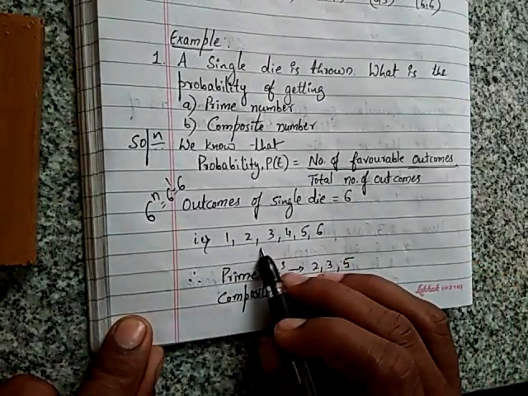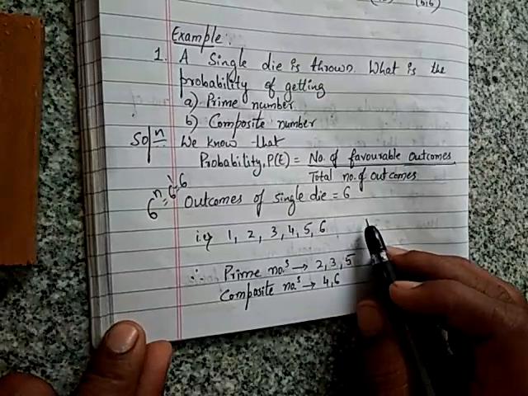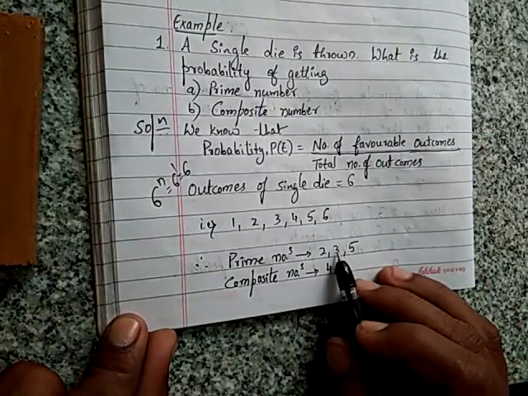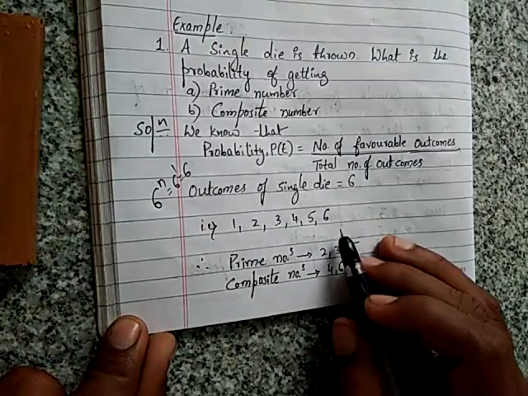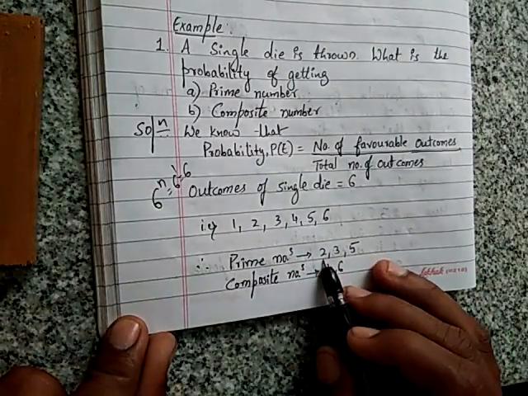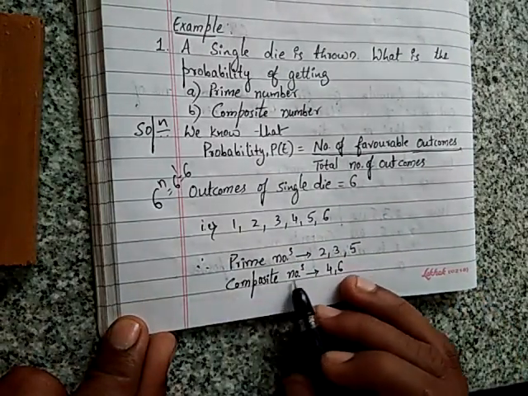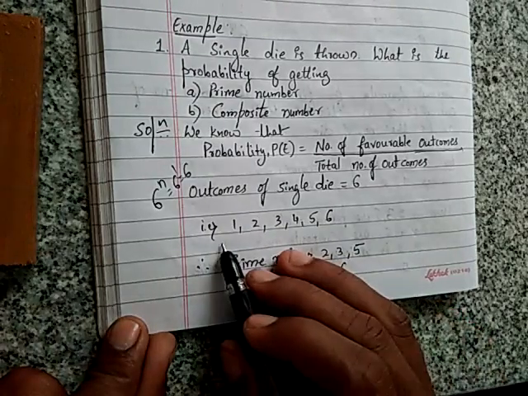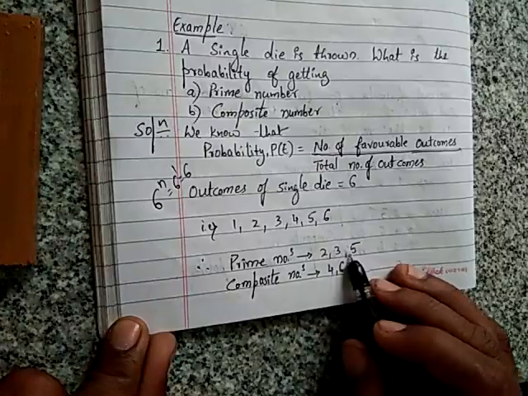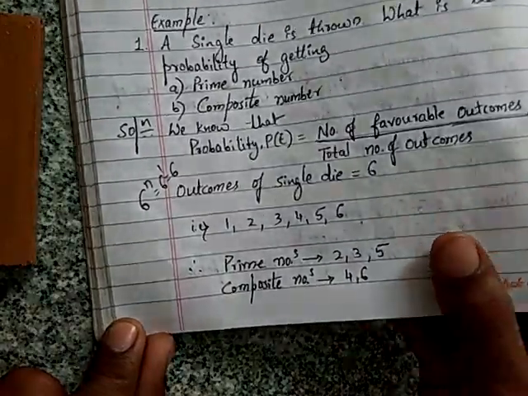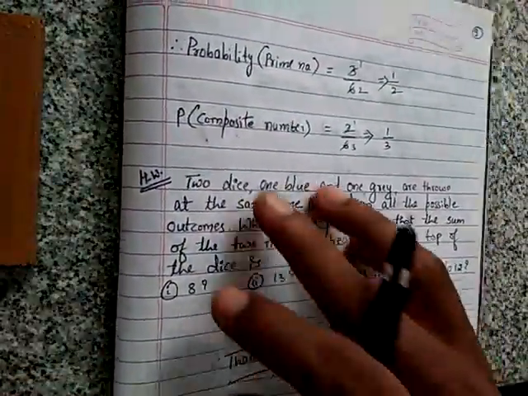So the outcomes of a single die are 1, 2, 3, 4, 5, 6. Prime numbers are 2, 3, 5 and composite numbers are 4, 6. So favorable outcomes to become a prime number are 3, and to become a composite number are 2, because in all 6 outcomes only 2 are composites and 3 are primes.